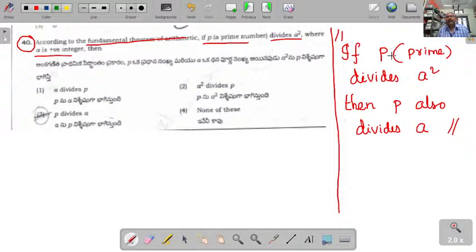If P divides A square, P also divides A. So P also divides A means the third option is the right option. Yes, absolutely correct.